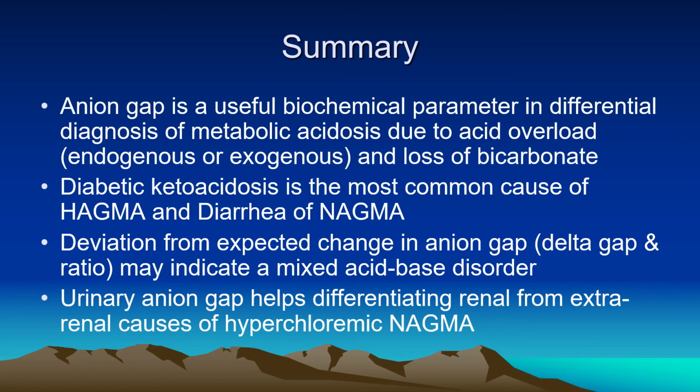Any deviation from the expected change in the anion gap in metabolic acidosis would indicate a mixed acid-base disorder, which has been discussed earlier. Urinary anion gap helps differentiate renal from extrarenal causes of hyperchloremic non-anion gap metabolic acidosis.